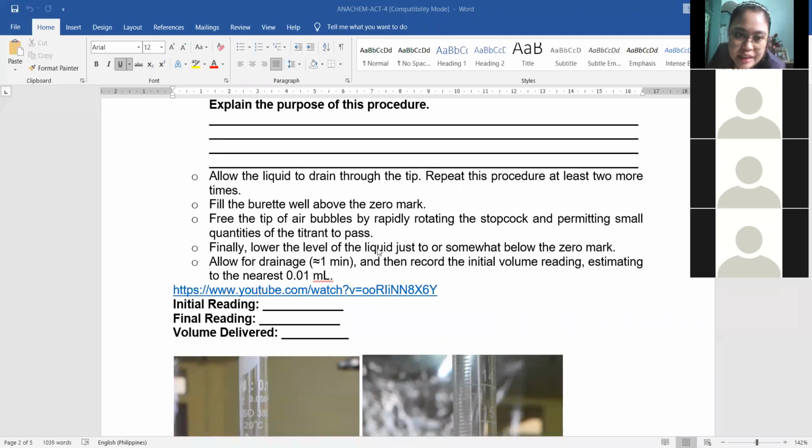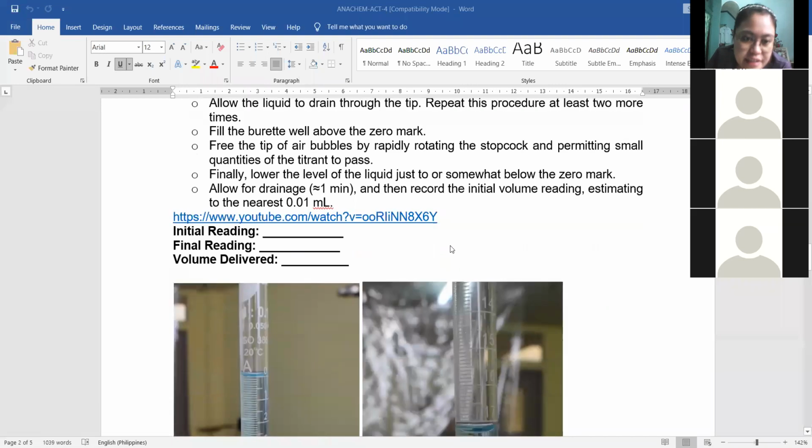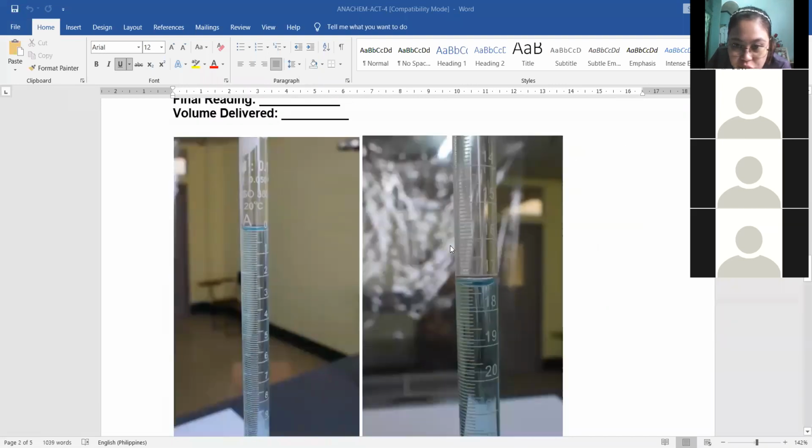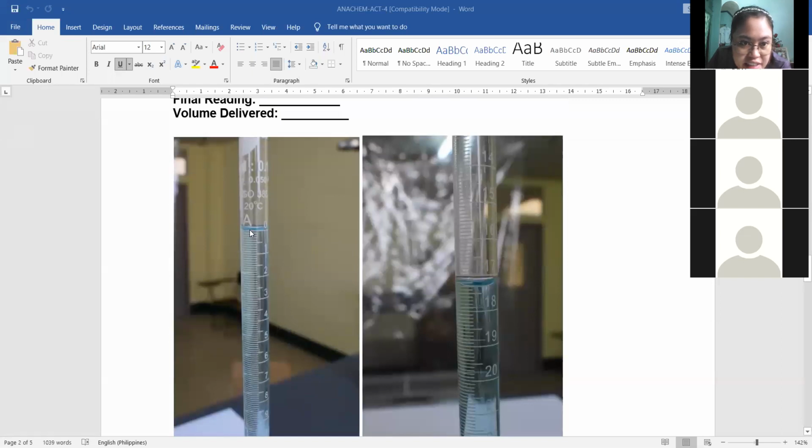Okay? And then, i-drain natin siya hanggang mapunta siya sa 0 mark. Okay, this is how we measure the burette. Okay? So, ang initial reading niya, class, is this one. Remember, lower meniscus.